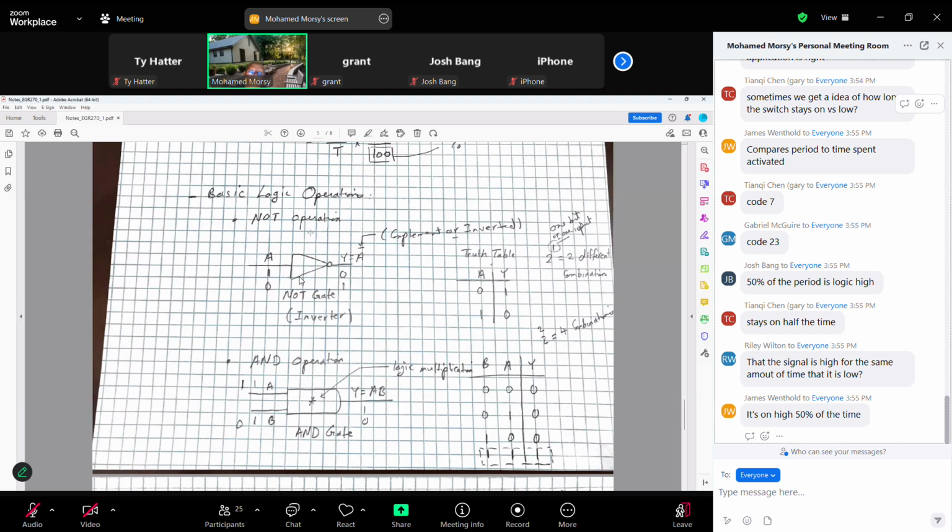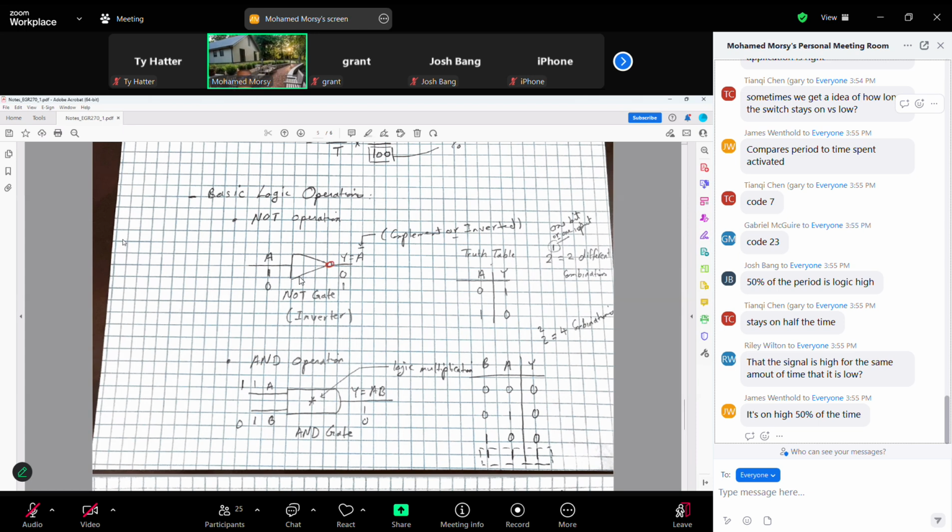The symbol of this NOT operation or inverter is like this. Please remember, we have a bubble here.